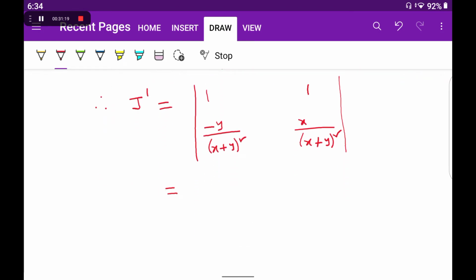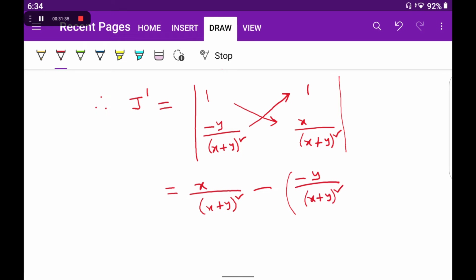Now the Jacobian determinant is x by x plus y whole square minus y by x plus y whole square.